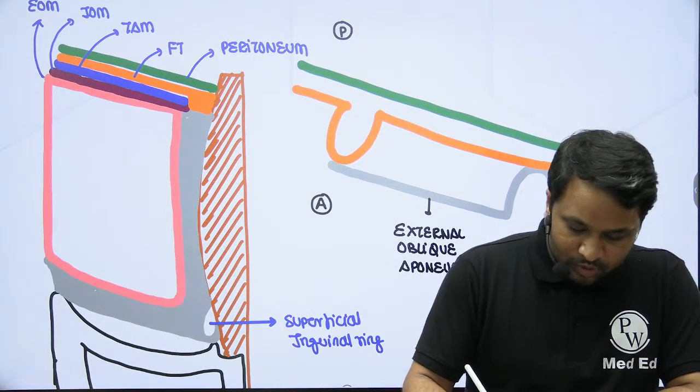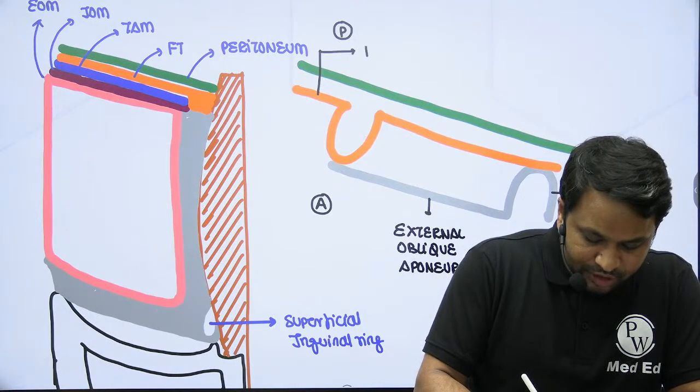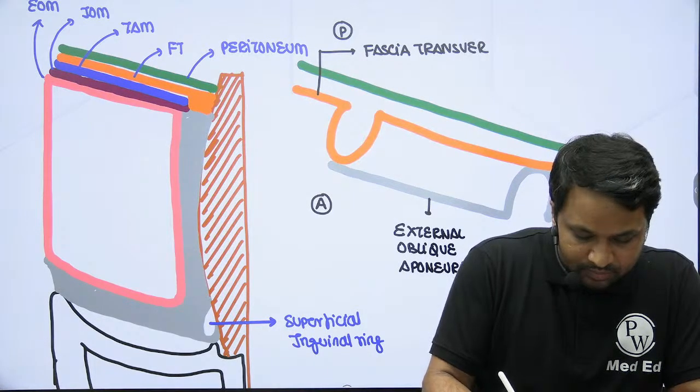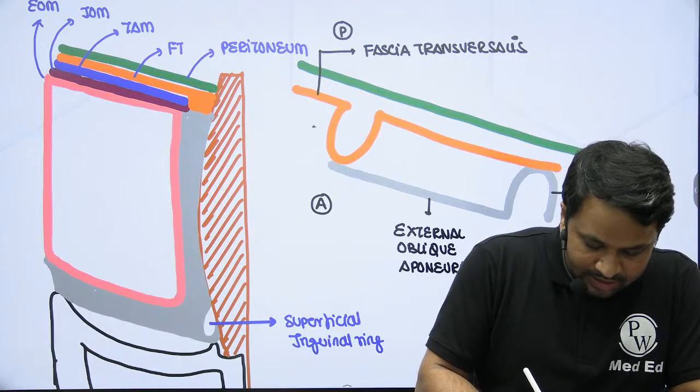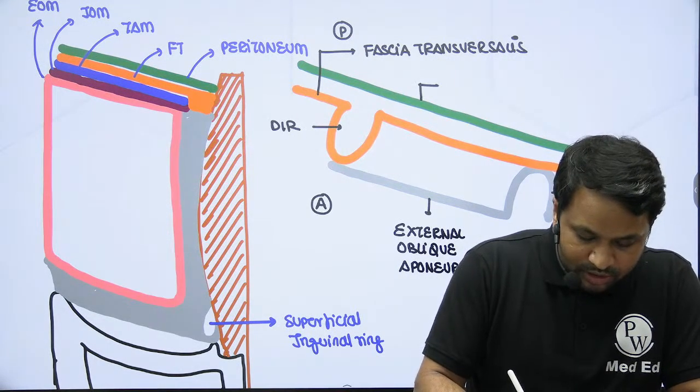The innermost that you can see here is the fascia transversalis. This fascia transversalis has a defect, and this defect is what we call the deep inguinal ring, and the innermost layer is the peritoneum.